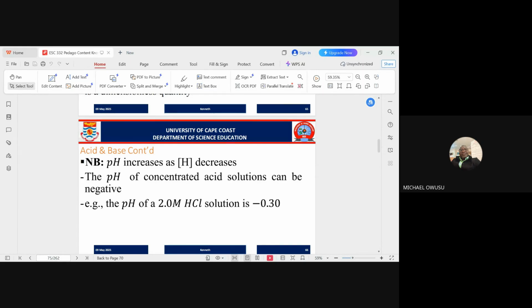If it's 1:2, it means that whatever molarity of the acid that you have, you multiply by 2, and that one will be the molarity of the hydrogen ion. Are you okay with that?